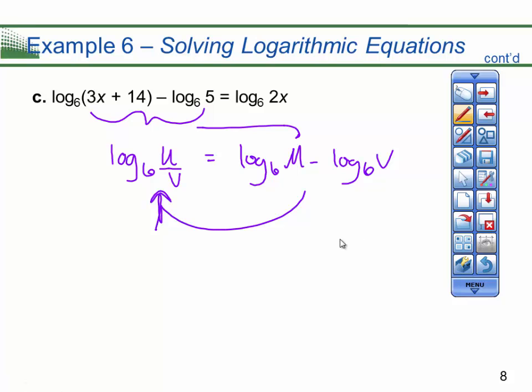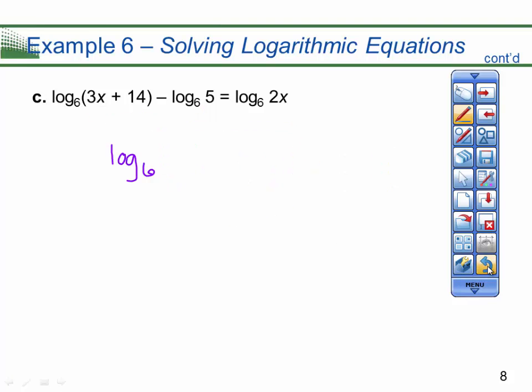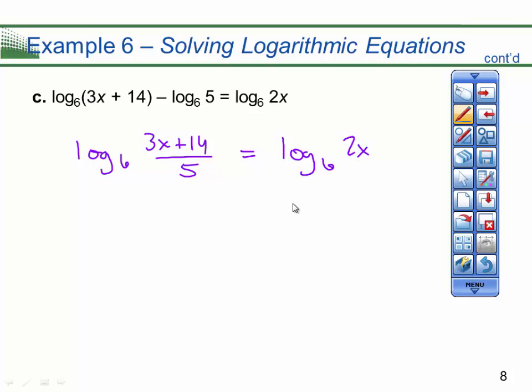All right, so let's make that log base 6 of the 3x plus 14 divided by 5. And that equals the log base 6 of 2x. And now I can use the one-to-one property again to say that this equals this.